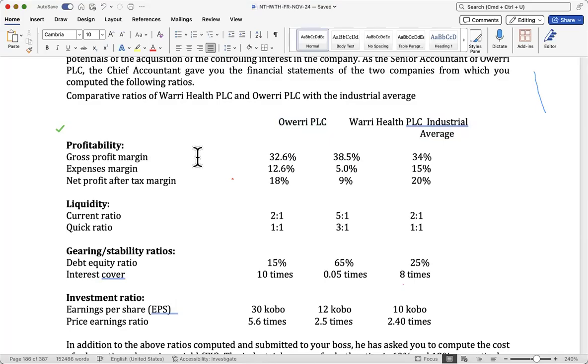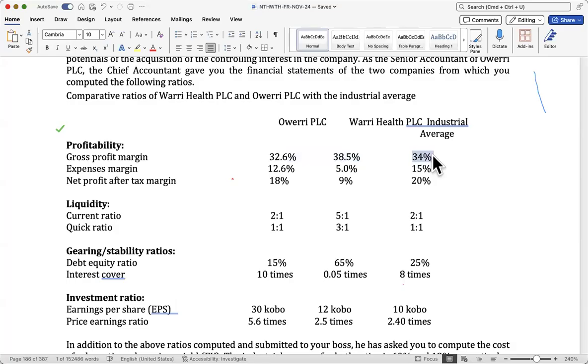So here now, I'll tell them: gross profit margin, this ratio looks at the amount of gross profit a company makes on every ₦1 of sales. And Worry has 38.5%, which is higher than the industry average. This shows that this company is more profitable than most companies in the industry.